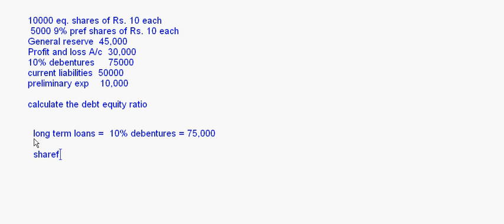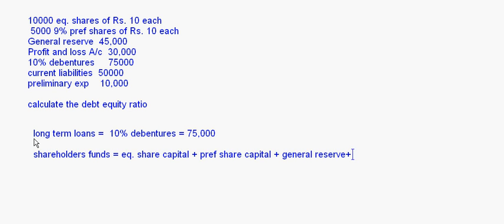Now you have to find the shareholders funds. In this case, the shareholders funds will be like this: equity share capital plus preference share capital plus general reserve plus profit and loss account. This is a profit, it is to be added, right?